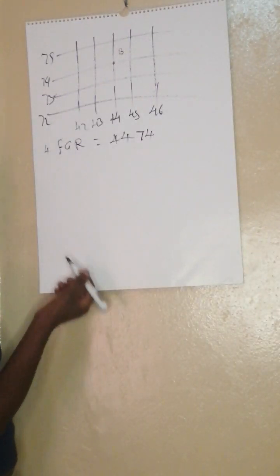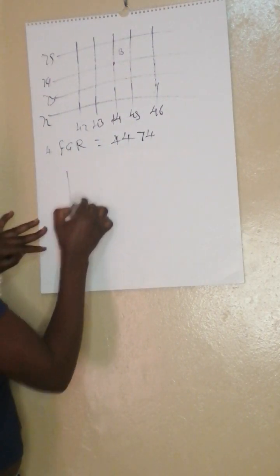For me to get the 6-figure grid reference for point B, I'll need to have more lines inside the box. If I depict that box, I'll need to have 9 lines inside. This is 44 and this is 74.